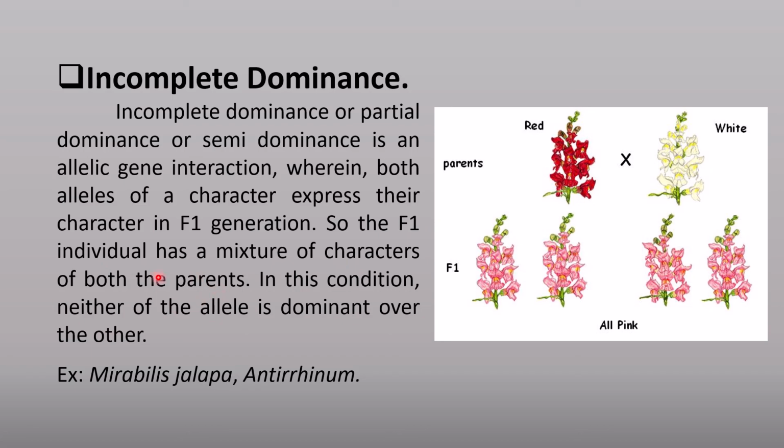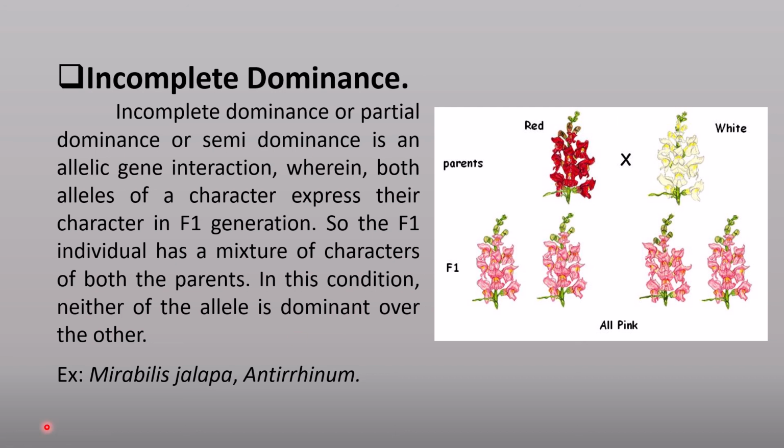So what's happening here? This is a monohybrid cross. In a usual monohybrid cross, the dominant parent and the recessive parent are crossed, and the F1 progeny obviously has the dominant character. What is happening in incomplete dominance is different.